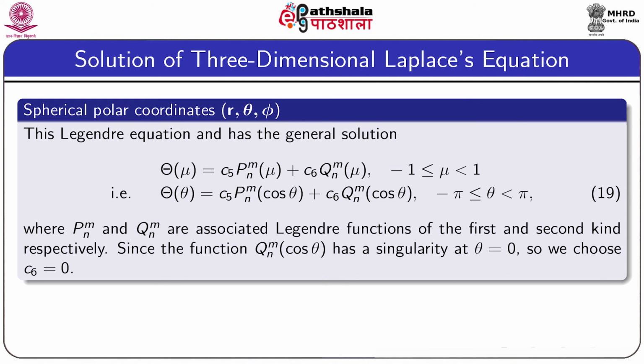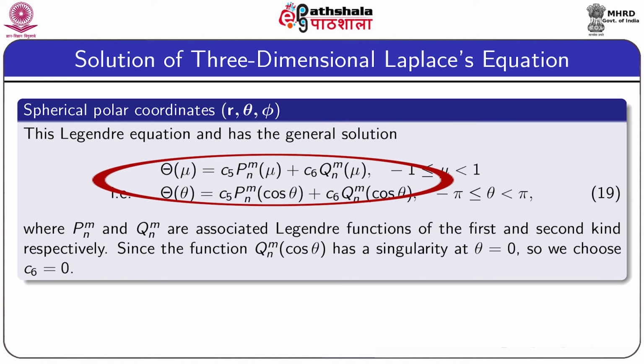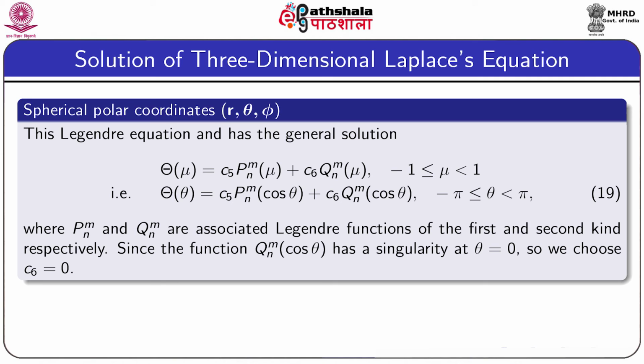Therefore, the solution of that equation can be written as a linear combination of two associated Legendre functions, Theta(mu) equals C5 P_n^m(mu) plus C6 Q_n^m(mu), where P_n^m and Q_n^m are associated Legendre functions of the first and second kind respectively. Or in terms of theta we can write the function in this way, which is written in equation number 19.